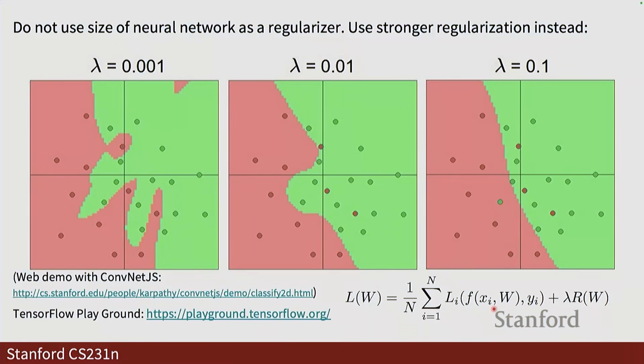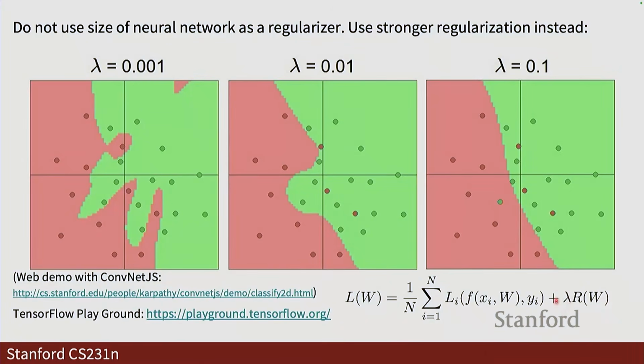But what we often do is go with a slightly bigger network than we need, and then use regularization, and specifically the regularization hyperparameter, to check the different setups. So what we often tune is the regularization and the regularization hyperparameter, and not necessarily the network size itself.